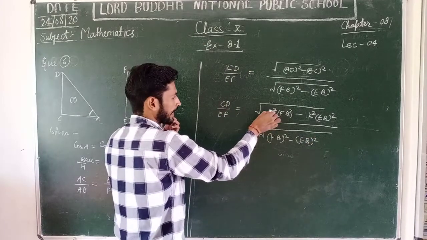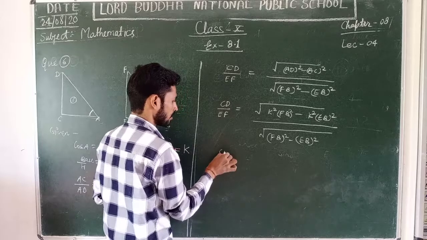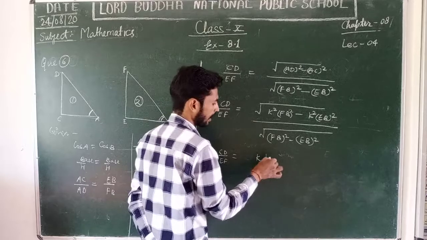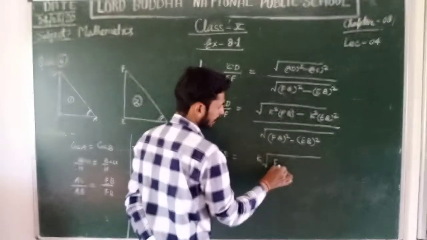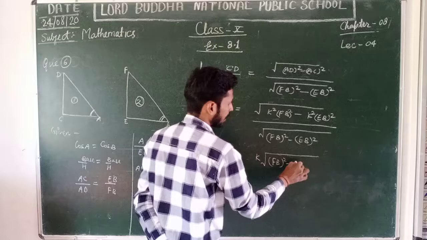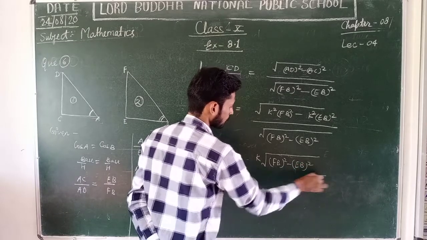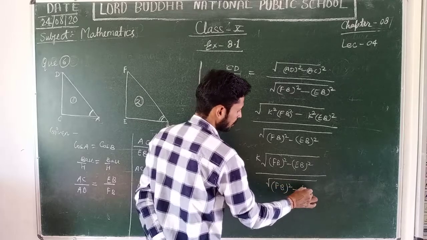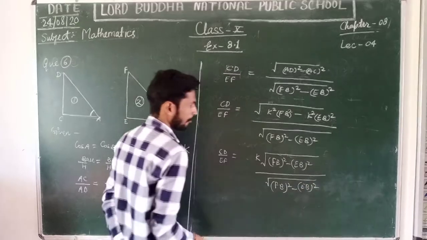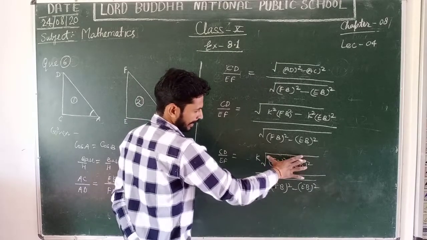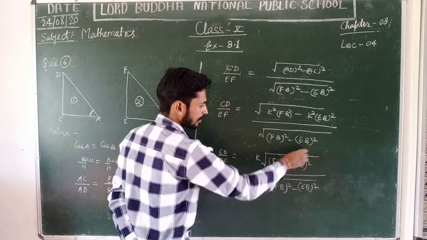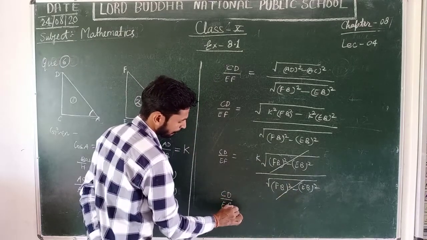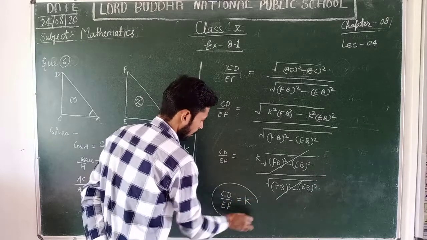Taking K common in the numerator, CD upon EF is equal to K outside the square root, and inside the square root FB square minus EB square, upon square root of FB square minus EB square. Now the numerator value is equal to the denominator and this will be cancelled, and now CD upon EF is equal to K.